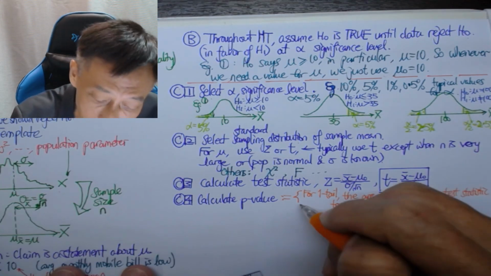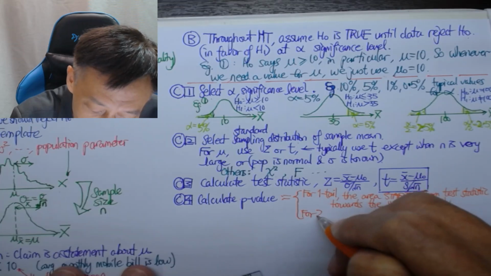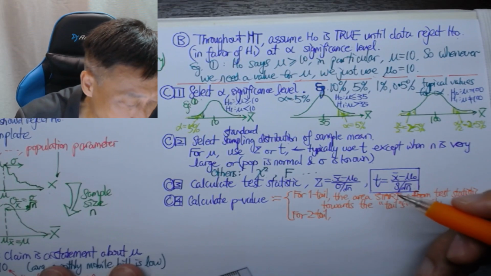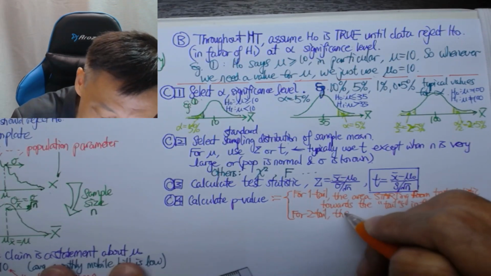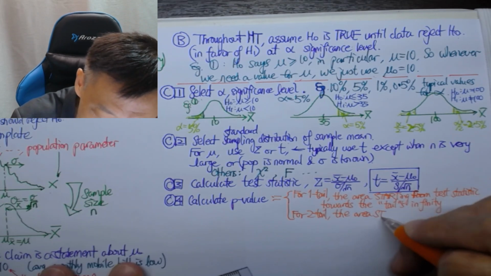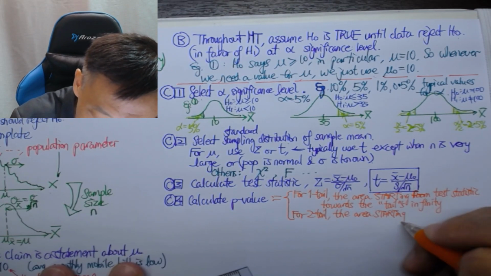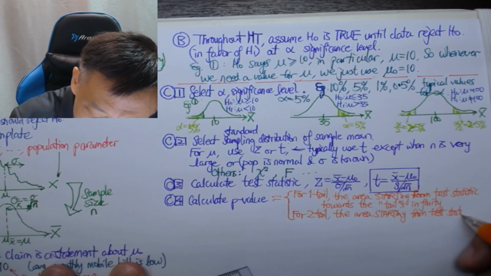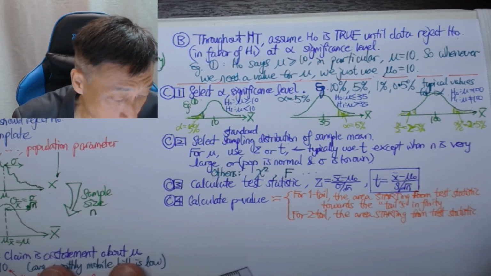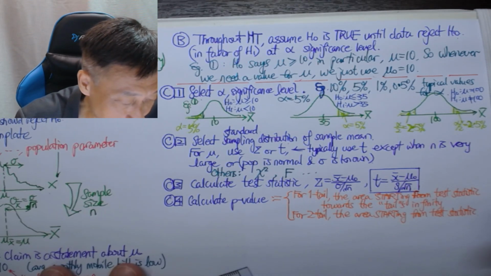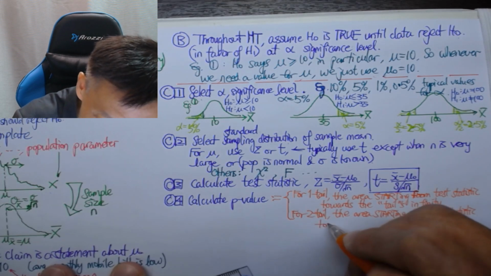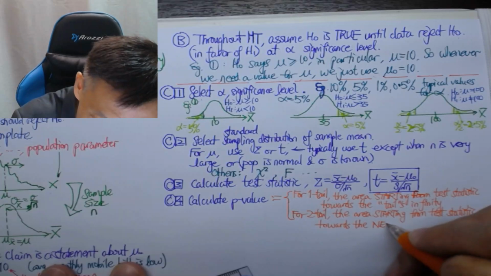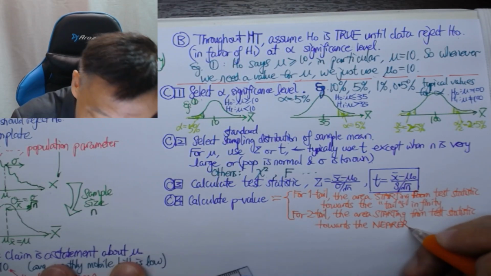In the two-tail case, for a two-tailed test, you want the area starting, again, same thing, the area starting from the test statistic towards the nearer infinity, because there are two infinities, right?